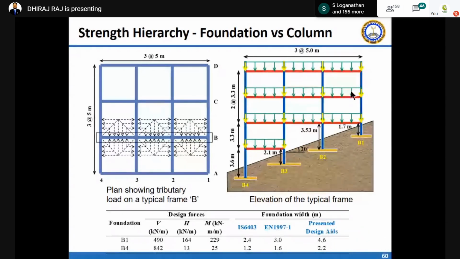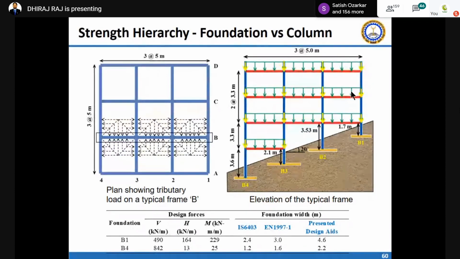If you are targeting a very well-designed structure, what should be the strength hierarchy of the foundation and the structural components? In that sense, which component should be much stronger, or what is the order of strength of those components? Obviously, we never want our foundation to fail prior to any structural component.